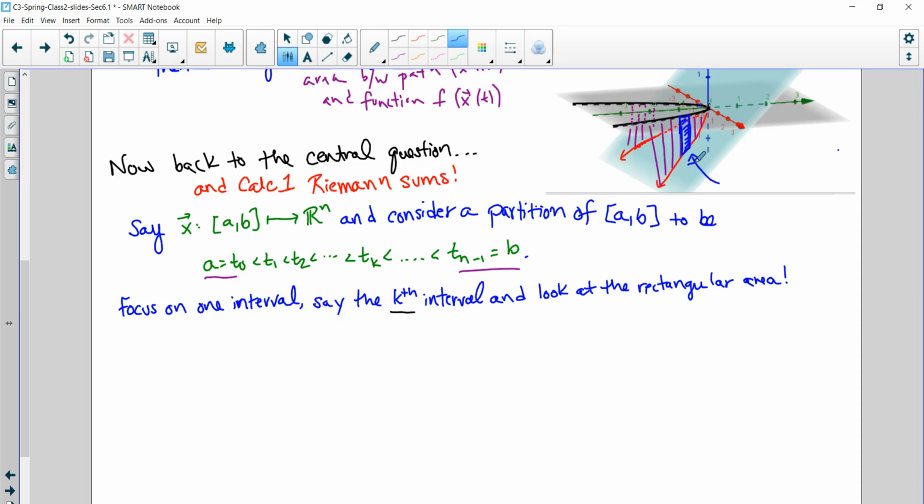Well, I need length and width, and that's the area, and then I just have to add up all the areas. Simple enough. Okay, well, here's a question. I need the length, and I need the width.